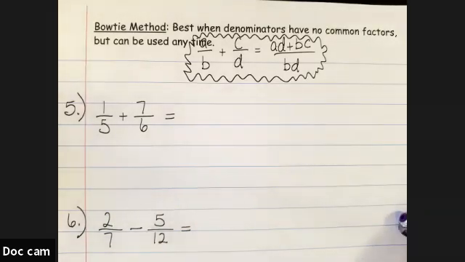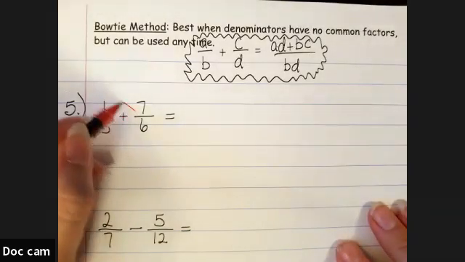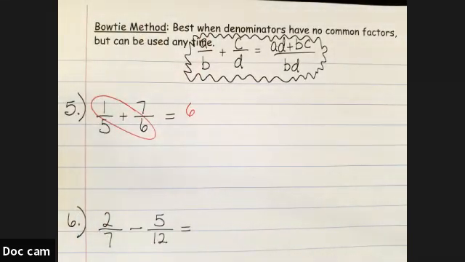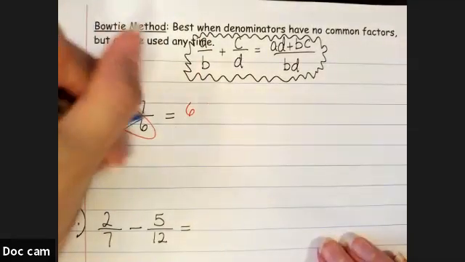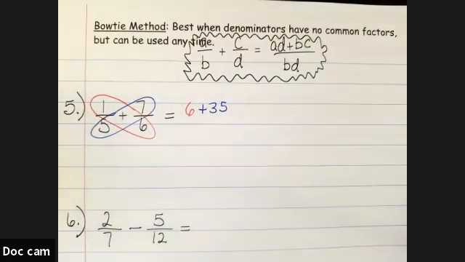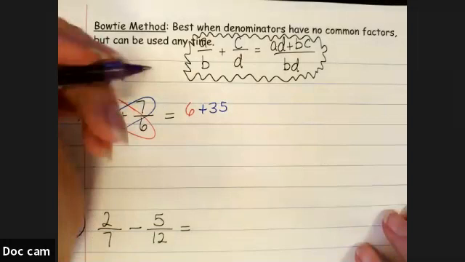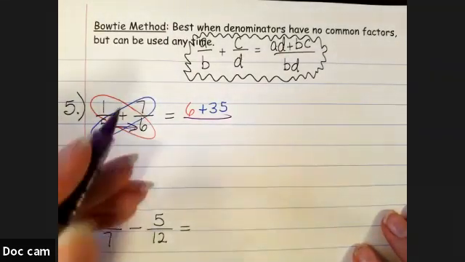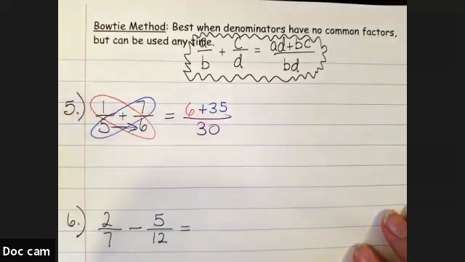So this is what it will look like. So 1 times 6 is 6. And then 5 times 7 is 35. So I've got 6 plus 35 for my numerator. And then on the denominator, you're going to just multiply across the bottom. 5 times 6 is 30.